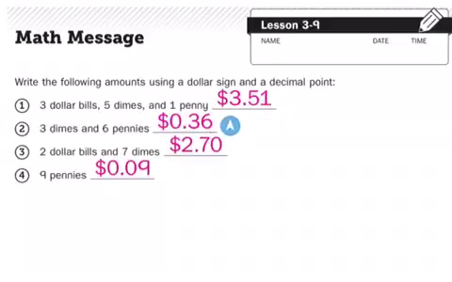You would say 36 cents. You wouldn't say $0 and 36 cents, right? Not necessarily. And then $2.70, because it's 2 $1 bills and 7 dimes. And here's 9 pennies, just the pennies. All right. Hopefully you did okay on that. That's going to help you as we go forward in this lesson.